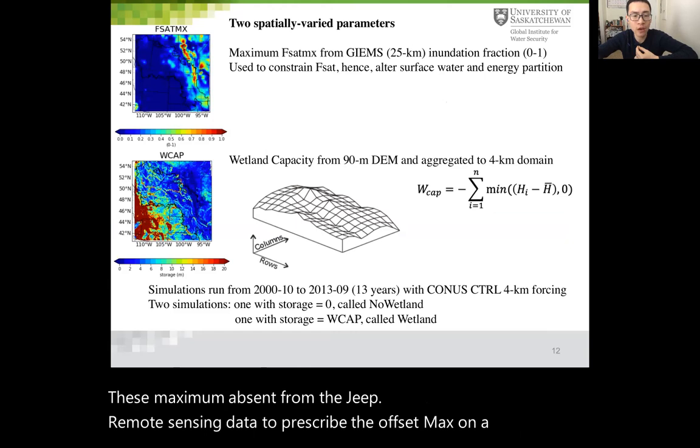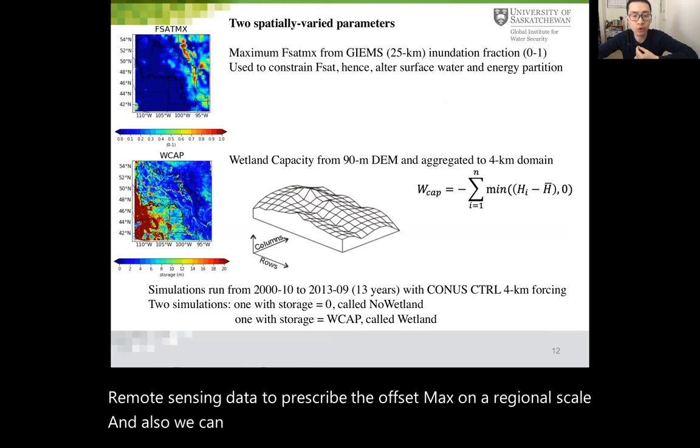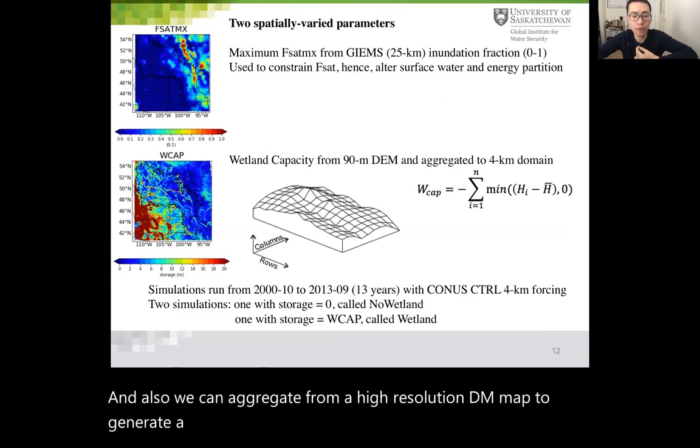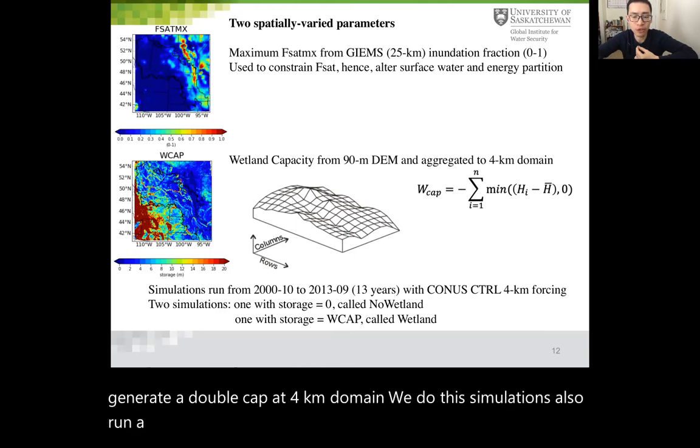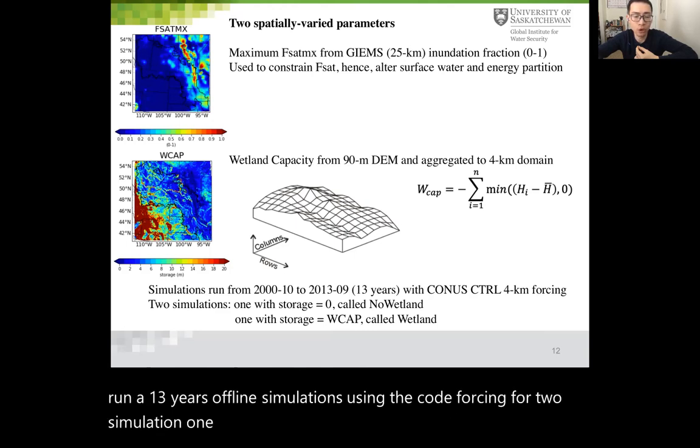We can also aggregate from a high resolution DEM map to generate WCAP at the 4 kilometer domain. We run 13 years of offline simulations using the forcing, for two simulations. One is called no wetland, the other is called wetland.